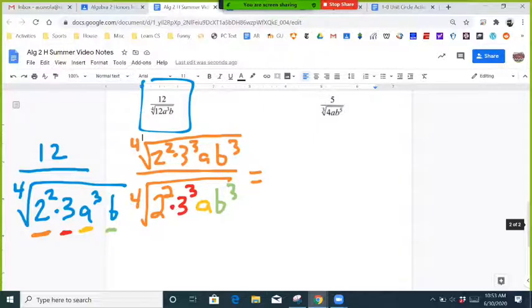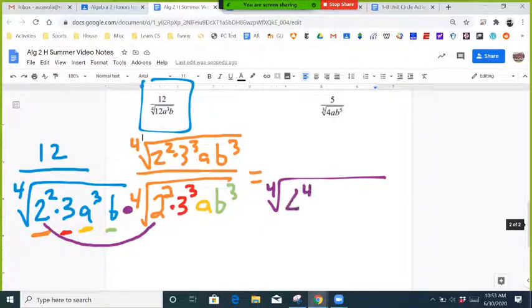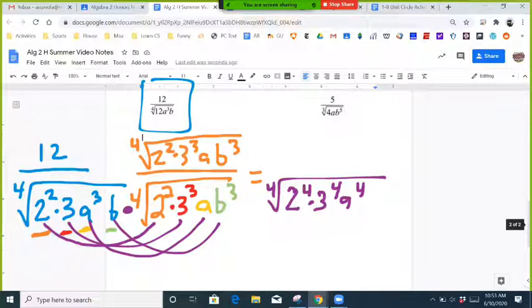Now, the reason why we do this is because when you multiply these together, 2 squared times 2 squared, both under the 4th root, is going to be 2 to the 4th. And 3 times 3 cubed is going to be 3 to the 4th. And a cubed times a is going to be a to the 4th. And b times b cubed is going to be b to the 4th. So all this purple radical is going to simplify really nicely.